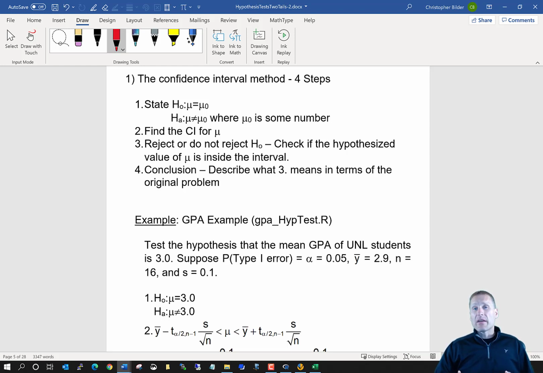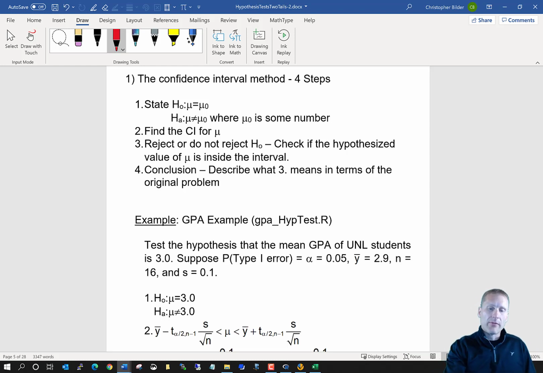I do that because it makes you think in an organized manner: I need to do this, this, this, and this in order to complete my hypothesis test. So again, you need to label the steps. If I don't see labels there, unfortunately, I will take off points.